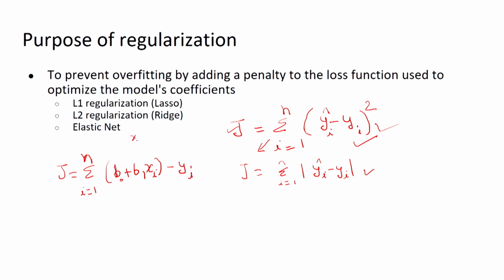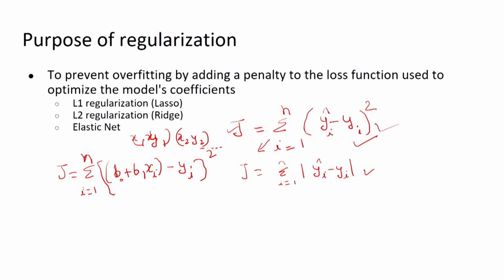There is a data point x1, y1, another data point x2, y2, and so on. When we take this, we are defining this cost function, and then we take the square of this. This is the way we define the cost function.